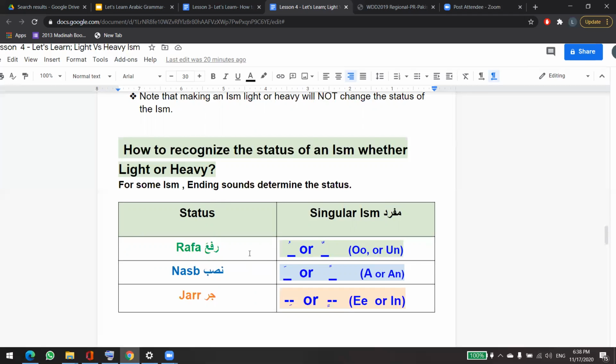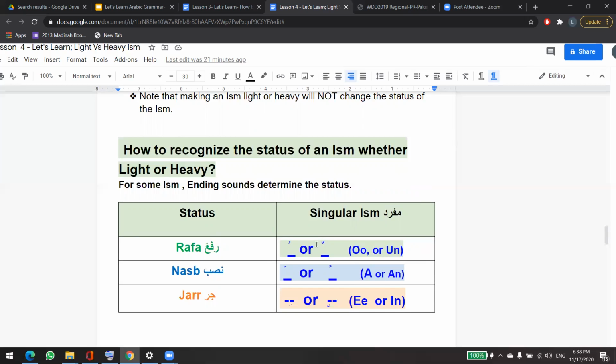This chart we already did for singular ism. For rafa, we have either U or Un. You have two dhamma, the Un sound, and then you make it light by removing one dhamma, it becomes U. Muslimun becomes Muslimu, both are rafa.